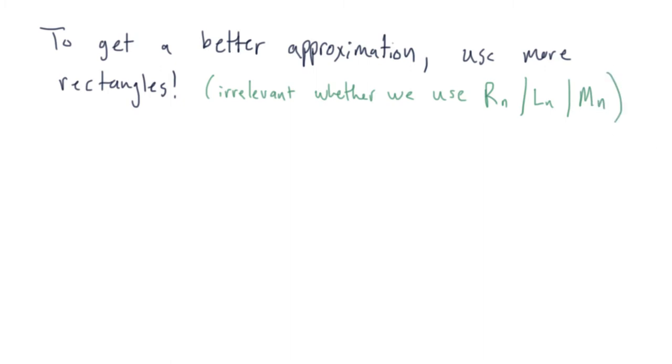And so just to be consistent, let's just use Rn. Okay, so the same question. We want to find the area bounded between the function y equals x squared and the x-axis between x equals 0 and x equals 1.